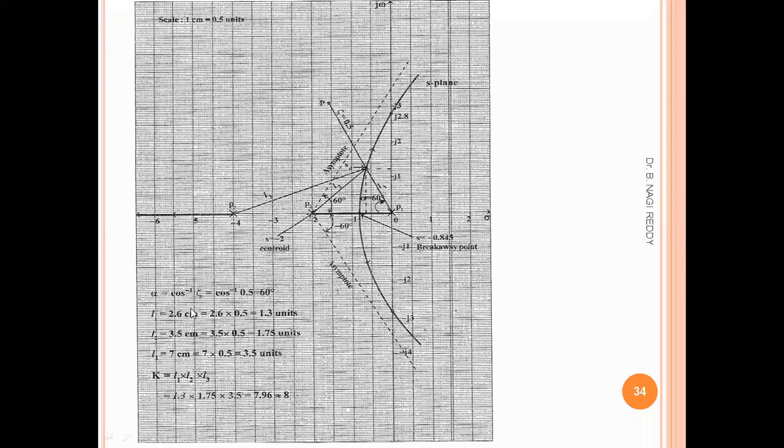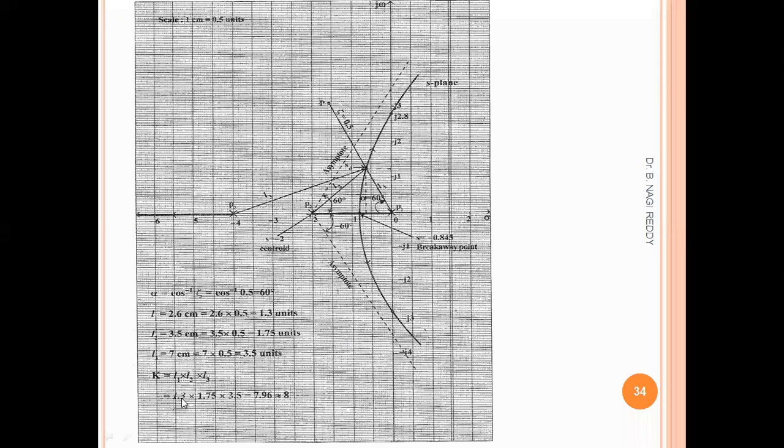Then we will directly get 1.3, 1.75 and 3.5 units. If you measure with the scale, you will get approximately these values. Some people may get 1.2 centimeters instead of 1.3, or 0.8 or 1.7 centimeters for another value, a slight change. Approximate values will be 1.3, 1.75 and 3.5 units.